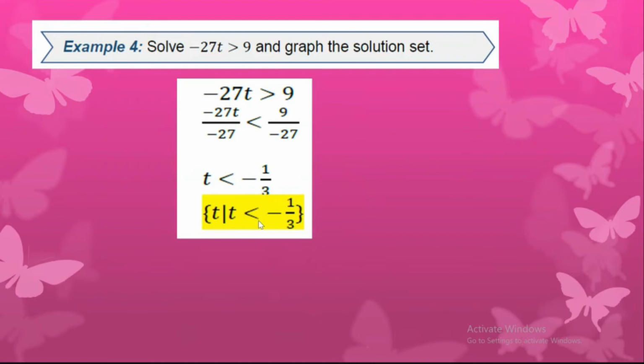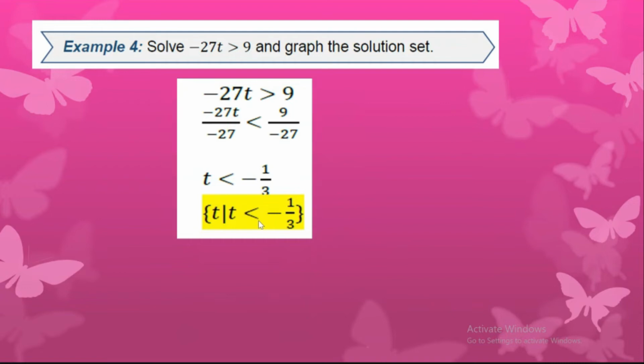Therefore, to remove negative 27, we use the opposite of multiplication, which is division. So dividing both sides by the numerical coefficient of t, we have negative 27 divided by negative 27, that's 1 times t. We have t.